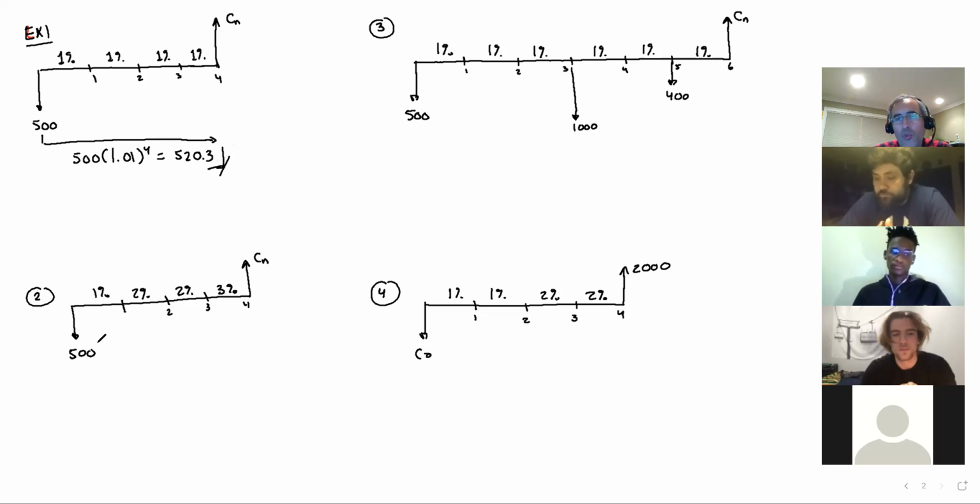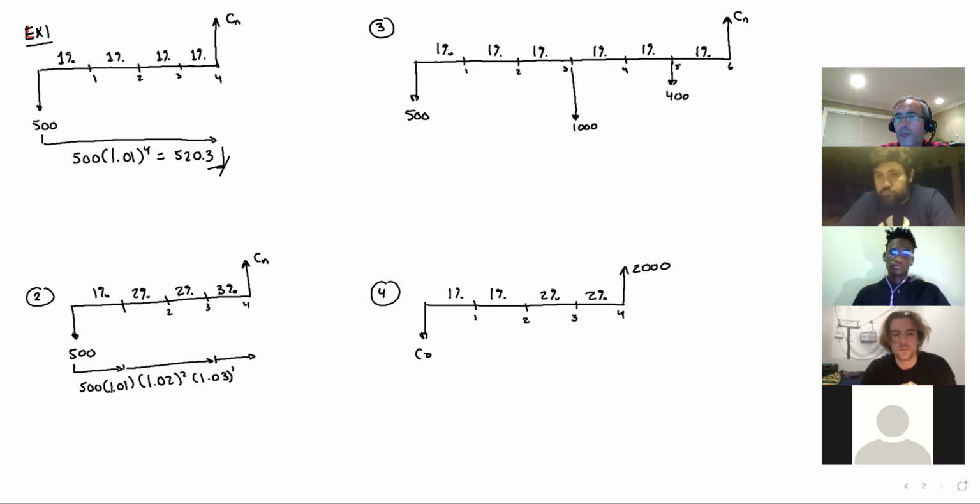Okay, so now how do we do when we have different interest rates? We need to do step by step, correct? So first I move this to here, it's going to be 500 times 1.01. So this is my new capital. Then I move these 2 periods at 2%. So it's going to be times 1.02 power 2, correct? And then finally, I move this one additional period that is at the 1.03 period.